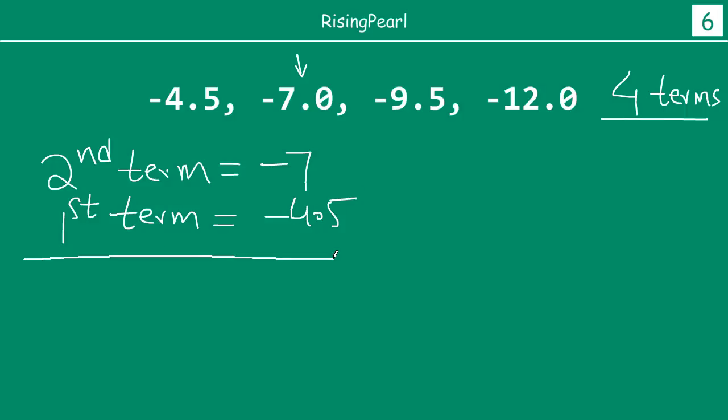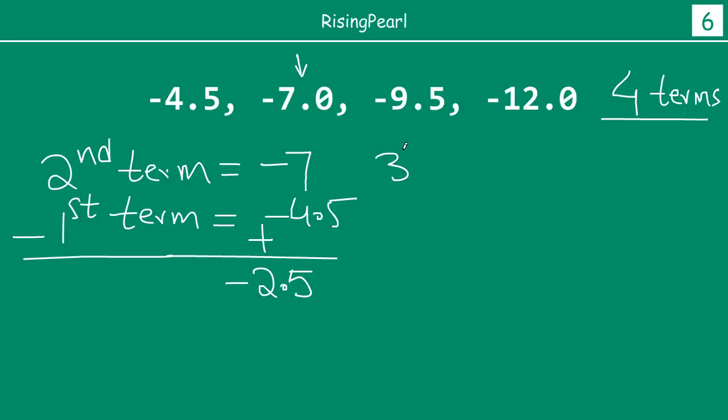So let's do what we have been doing. Let's subtract the first from the second. So the minus will become plus here. So minus 7 plus 4.5. So this will be minus 2.5. Right? Because minus 7 plus 4.5, so 0.5. Yeah, it will be minus 2.5.